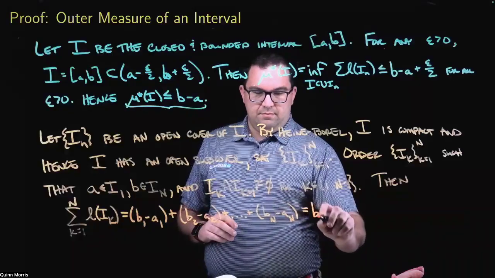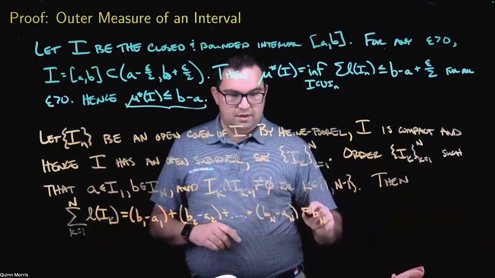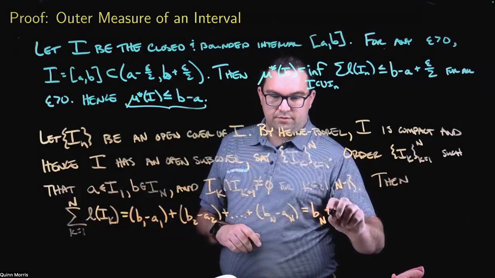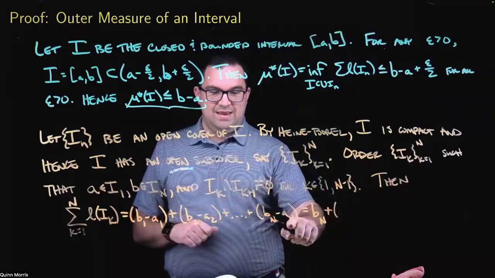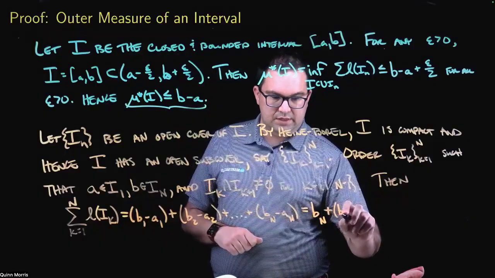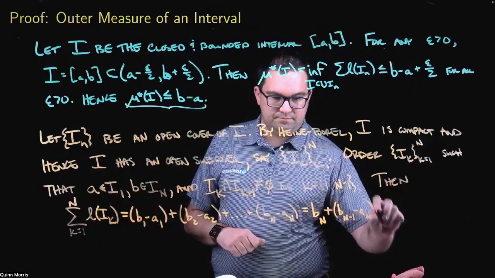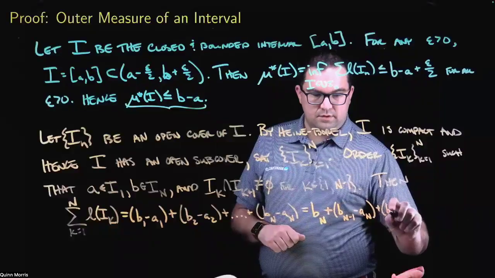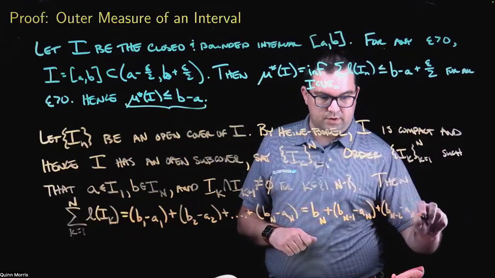So I'm going to first write B sub capital N, and then I've got a minus An here, and then I'm going to have a B sub N minus 1. So I'm going to do B sub N minus 1 minus A sub N, plus B sub N minus 2 minus A sub N minus 1.